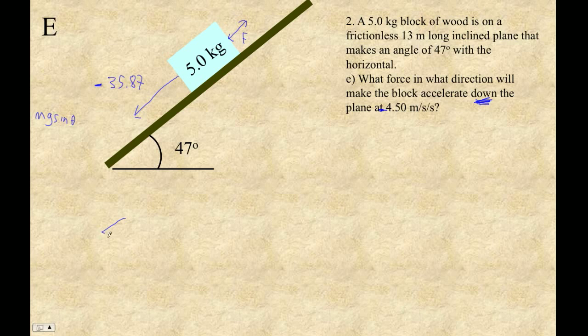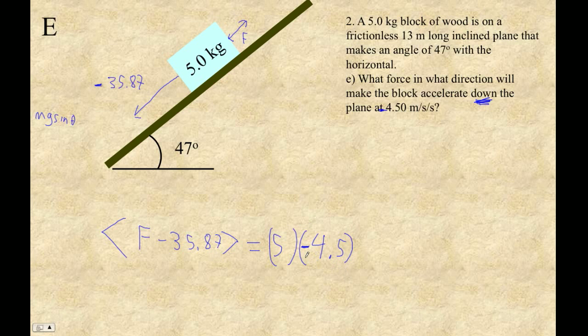So unknown force minus parallel force equals 5 times, and our acceleration is down the plane, so negative 4.5. Same thing we did before, only now we have a negative acceleration because it's accelerating down the plane.